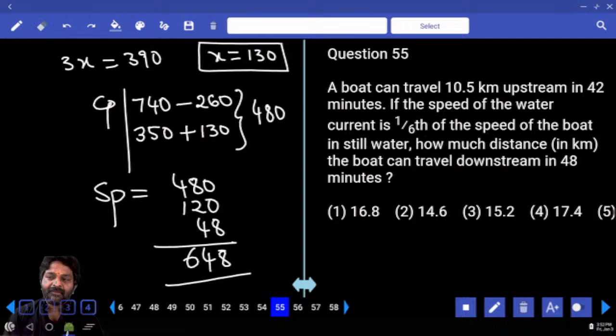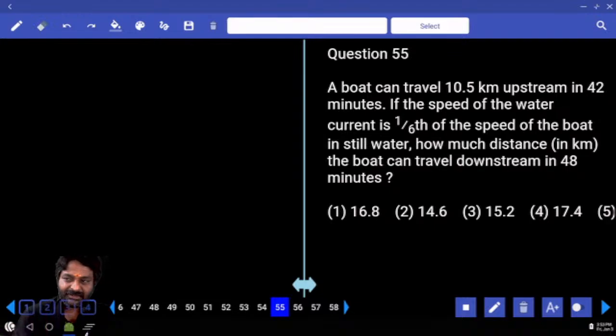A boat can travel 10.5 kilometers upstream in 42 minutes. In which stream?